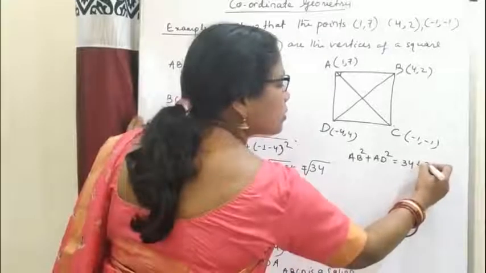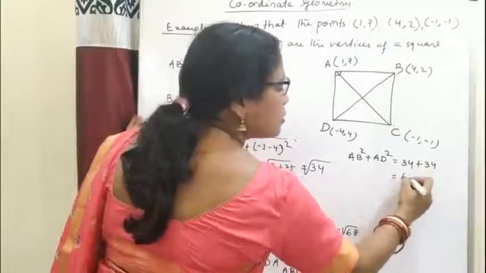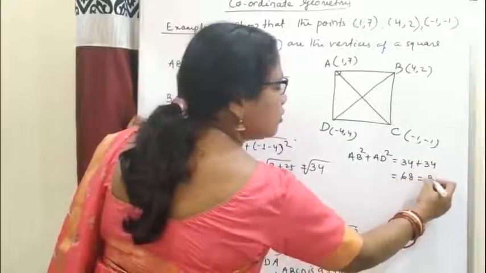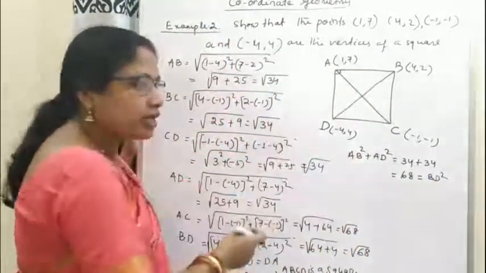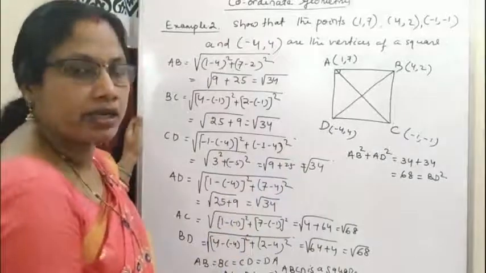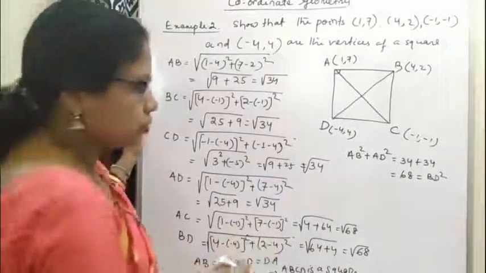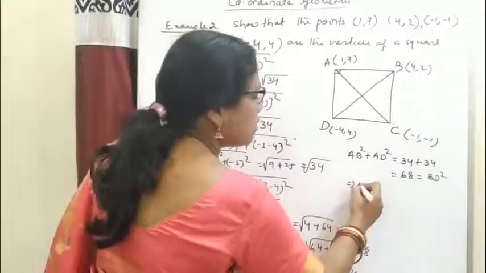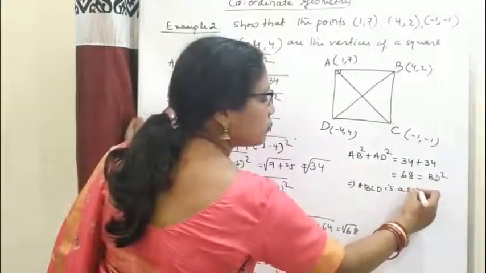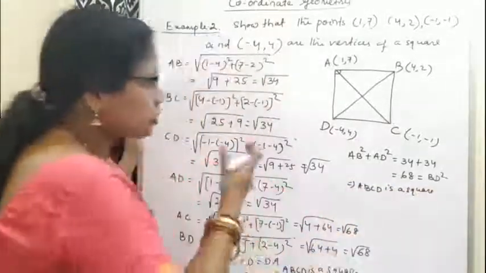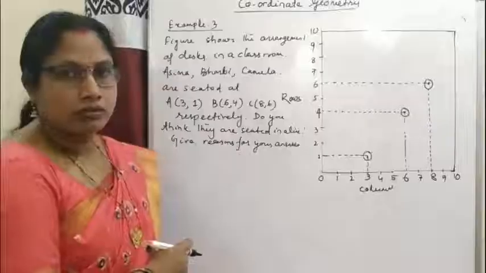So 34 plus 34, this is equal to 68. So this is equal to BD square. If in a quadrilateral all the sides are equal and one angle is 90 degree, then that becomes a square. So this implies ABCD is a square. So in this way we can prove this.